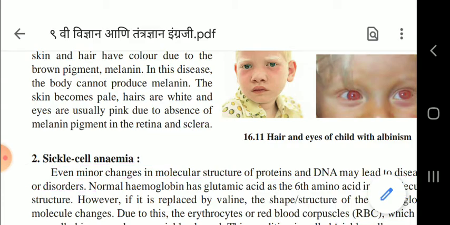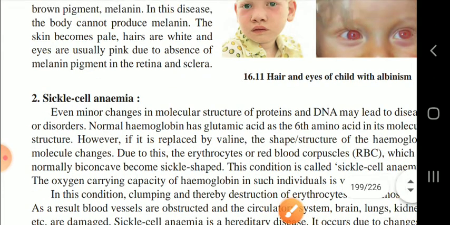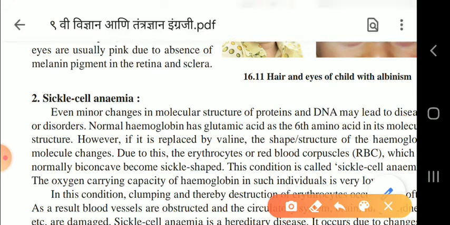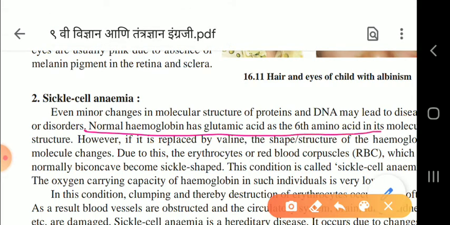Normal hemoglobin has glutamic acid as the 6th amino acid in its molecular structure, and sometimes it is replaced by valine. The shape and structure of the hemoglobin molecule changes, and the erythrocytes or red blood corpuscles, RBCs, which are normally biconcave, become sickle shaped. This condition is called sickle cell anemia.